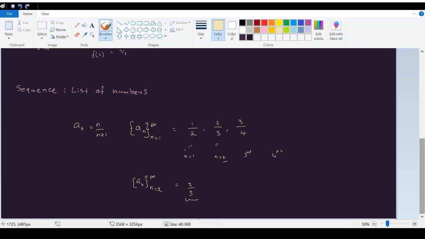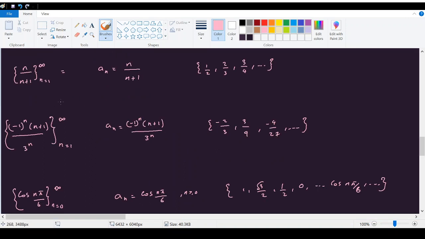In other words, this sequence will be shifted towards the left. It's important to understand that a sequence does not have to start from 1 all the time. And here are some more examples of different types of sequences.